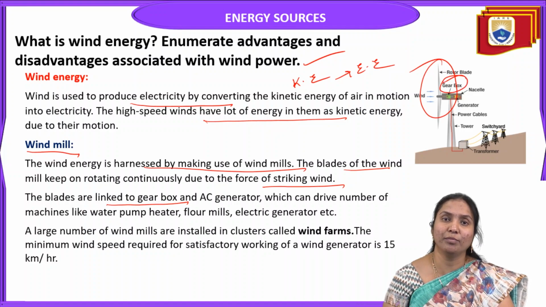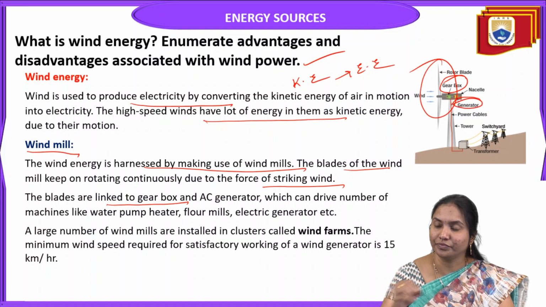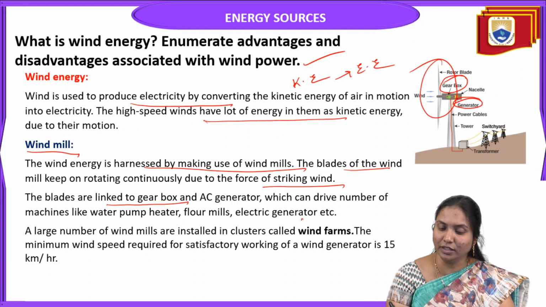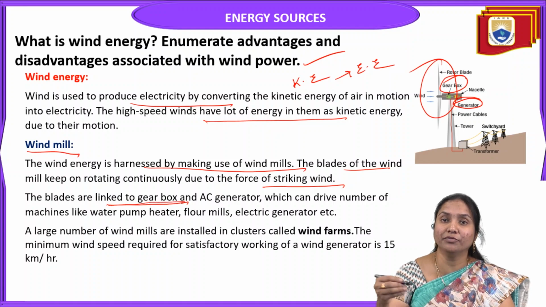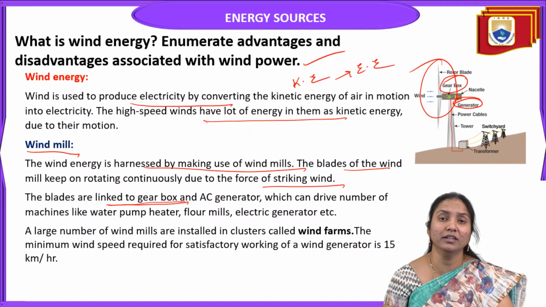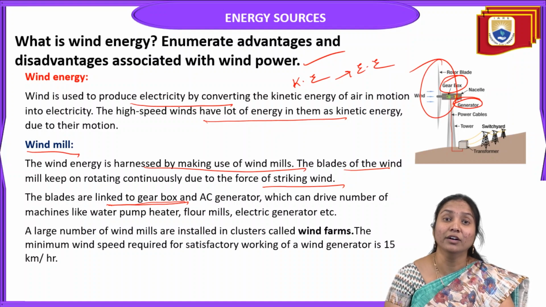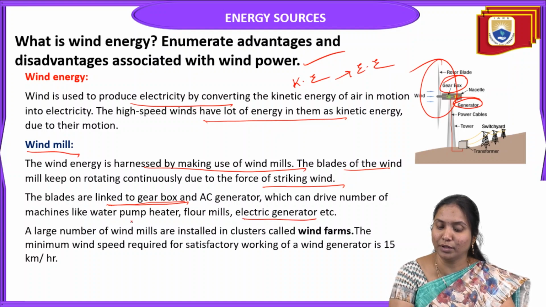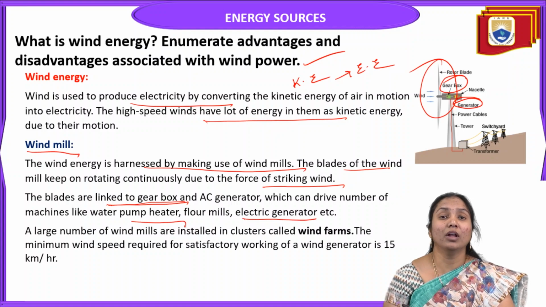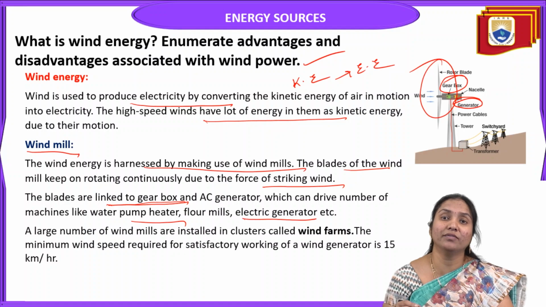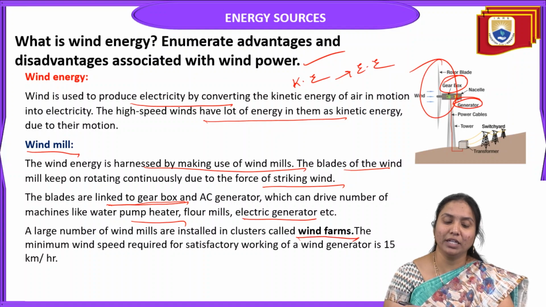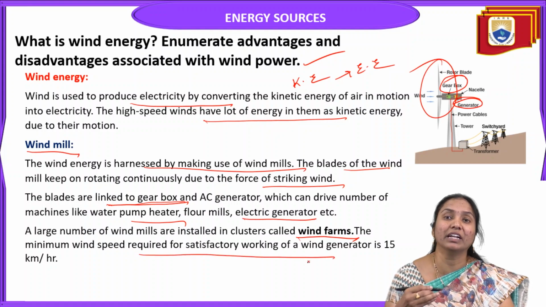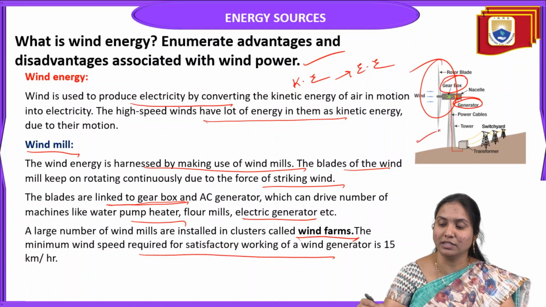This can drive a number of machines like flour mills, electrical generators, pumps, heaters, etc. A large number of windmills installed at one place, in a cluster, is called a wind farm. The minimum wind speed required for satisfactory working of a wind generator is 15 km per hour. This is the windmill construction.